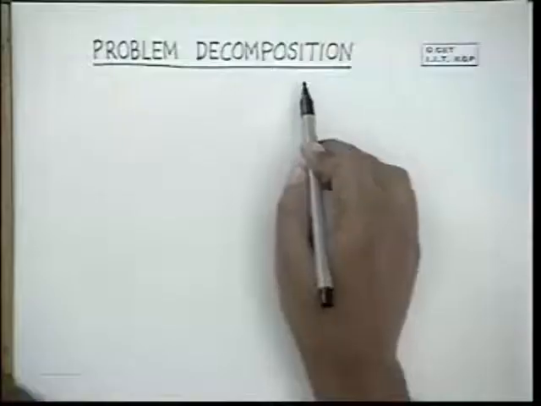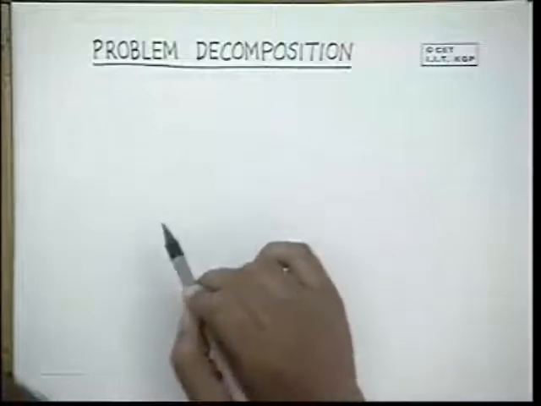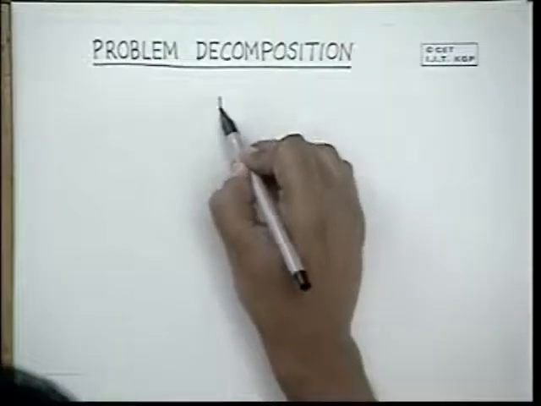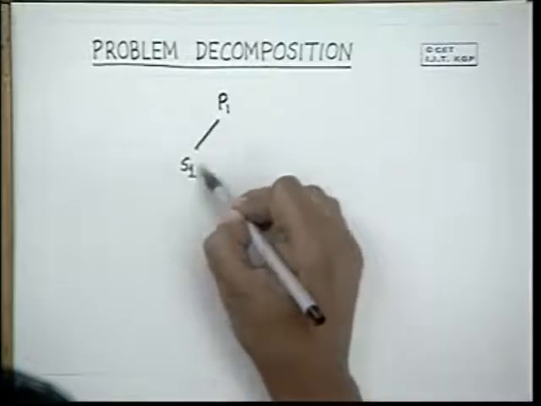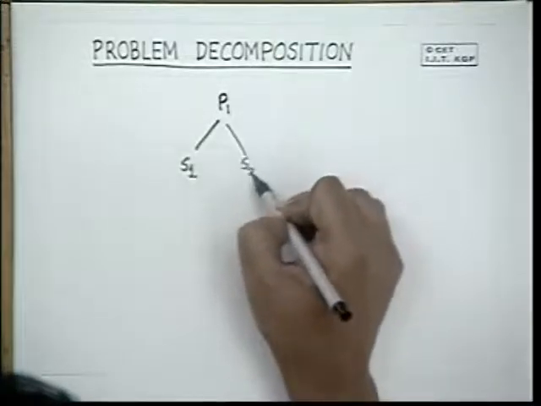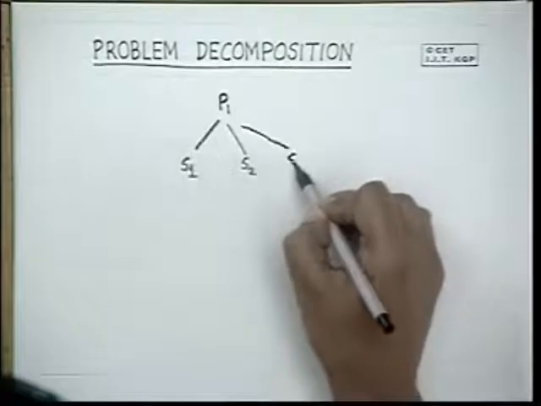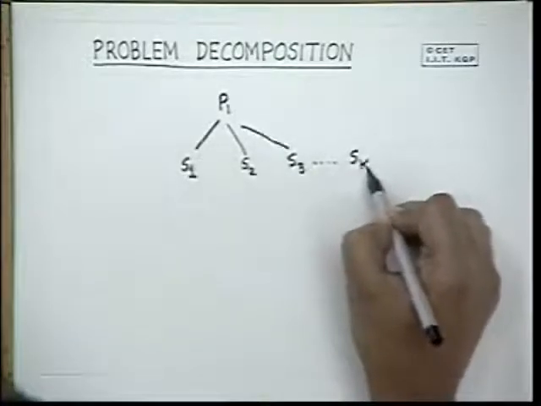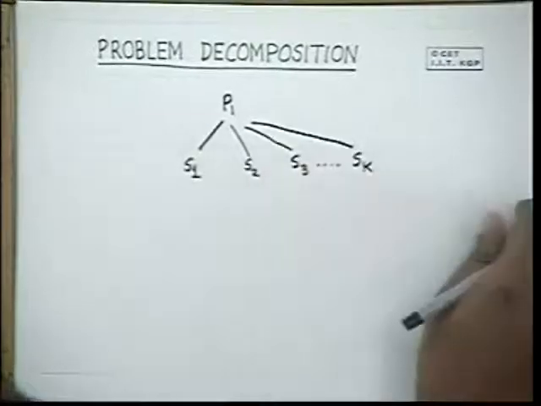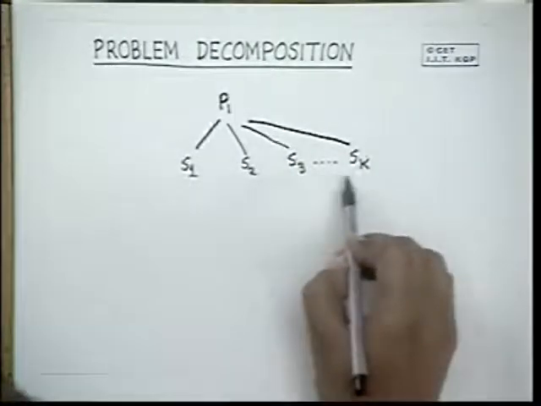That is, given a problem, decomposition means that we break up the problem into sub-problems. So you are given a problem P1 and you break it up into sub-problems S1, S2, S3 and so on up to Sk, and solve these sub-problems.